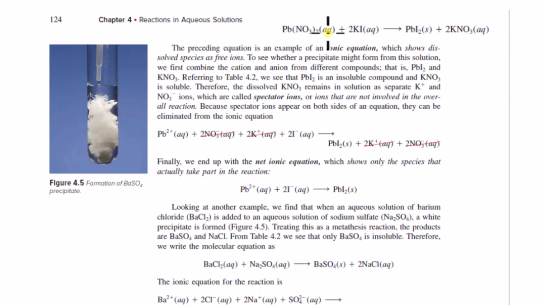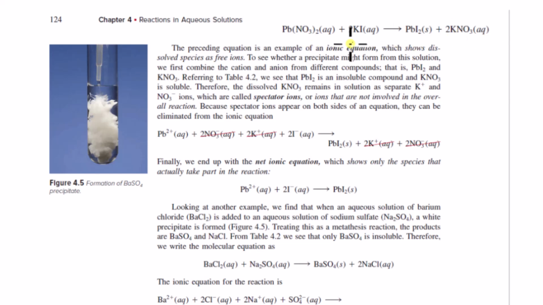And then we thought about, okay, you have all these ions in solution, we can mix and match the different cations and anions and see if some are insoluble. If they are, you write it as a solid compound, and if the other combinations are soluble, you leave it as aqueous.